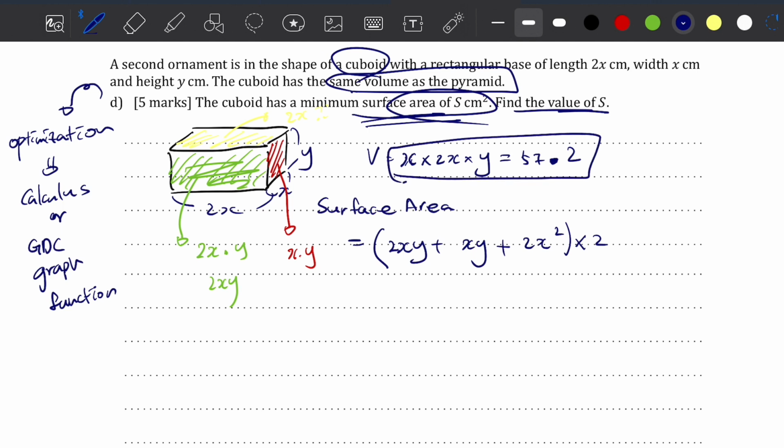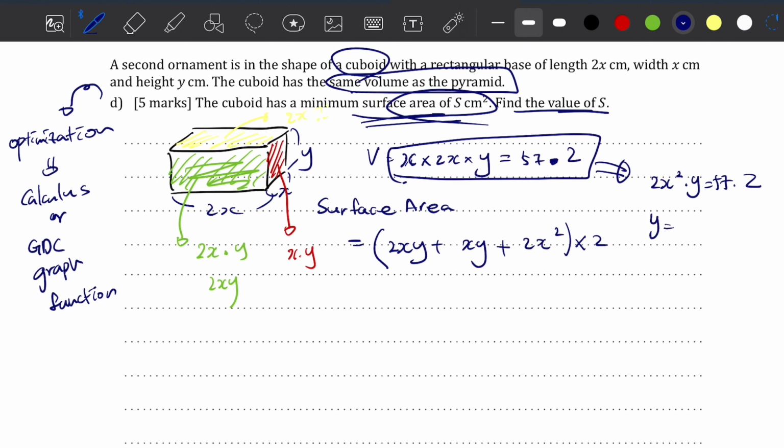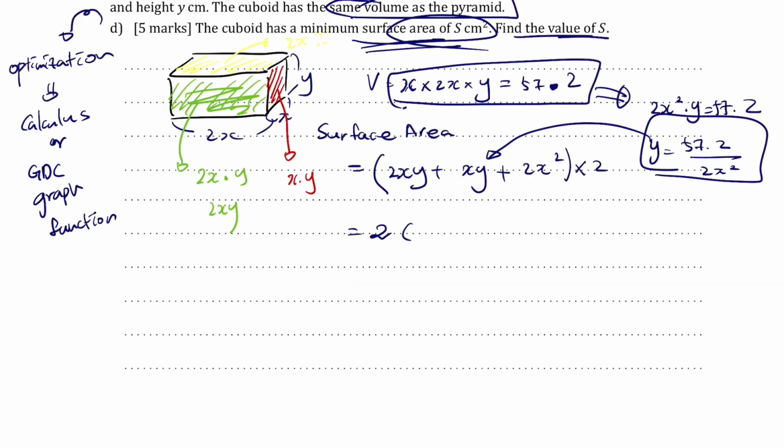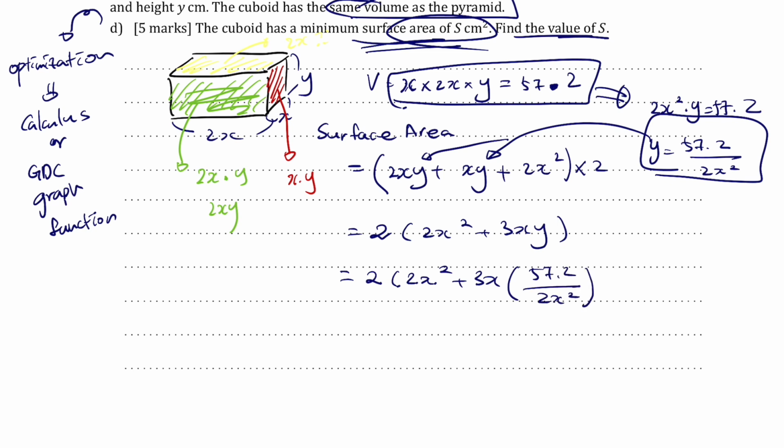Then since we need to get rid of one of the variables, I'm going to simplify the volume first, so it's 2x squared times y equals 57.2. Then I can rearrange this equation into y equals 57.2 over 2x squared. Then we can substitute this into the surface area equation. Let's simplify this first, so it becomes 2 times 2x squared plus 3xy, then 2 times 2x squared plus 3x times 57.2 over 2x squared.